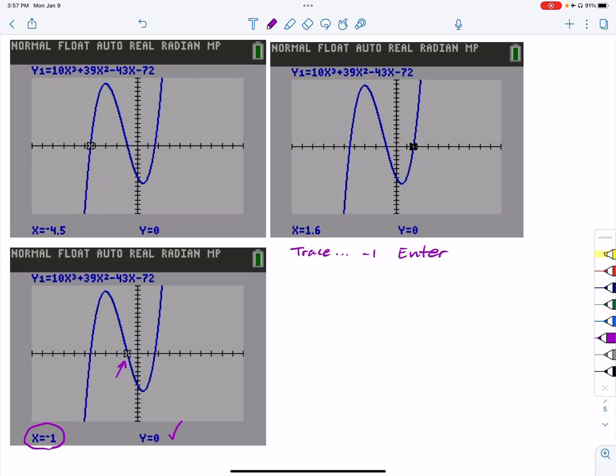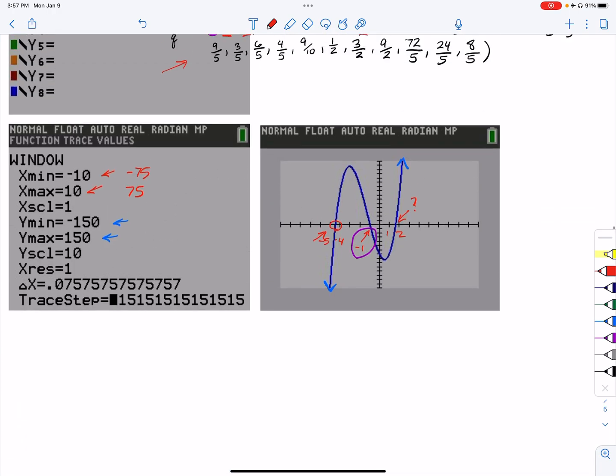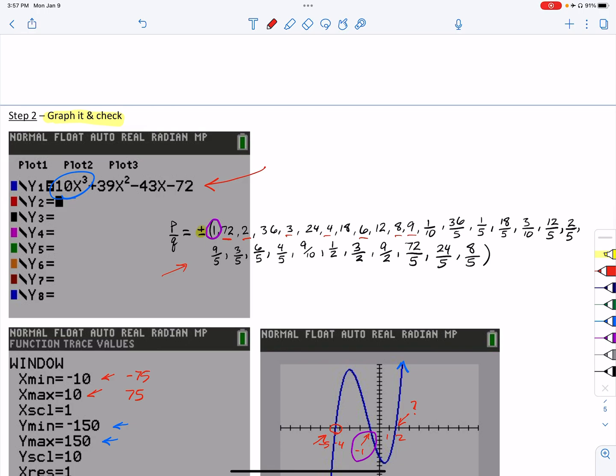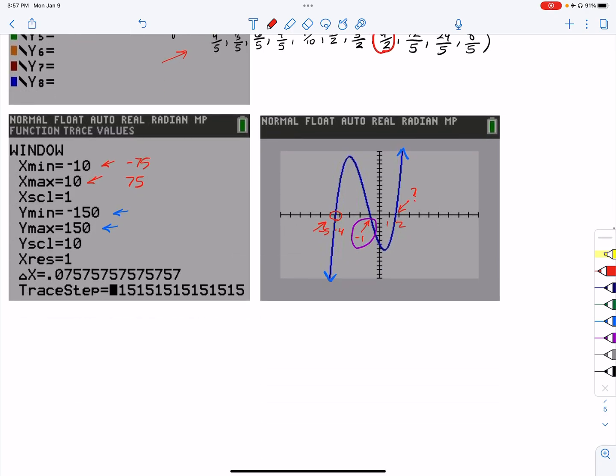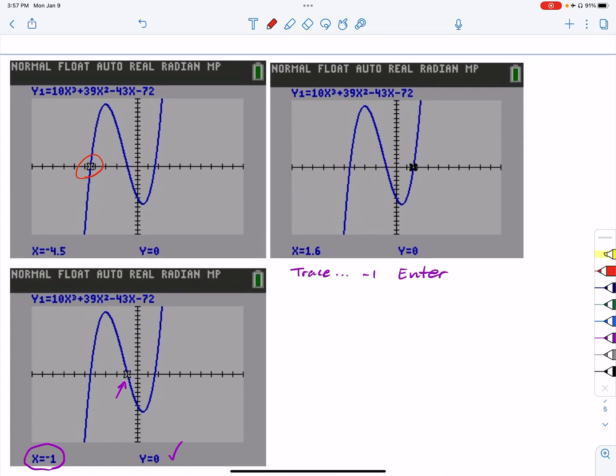The other values we run into, this one looks like -4.5 back here. And if we double check our list of potential zeros, -9/2, there it is. 9/2 is on the list, so plus or minus 9/2. So when you trace to -9/2, hit enter, boom, you get your 0.